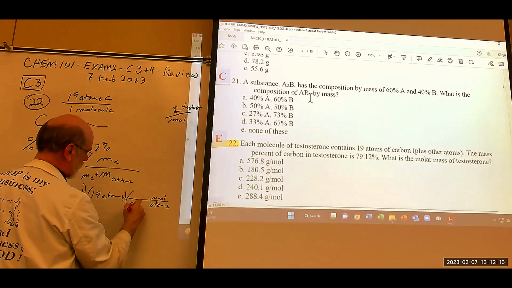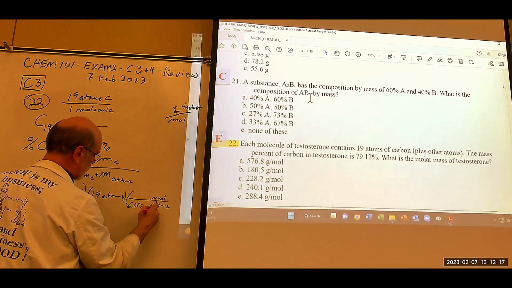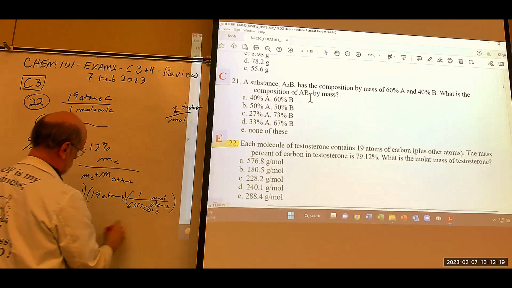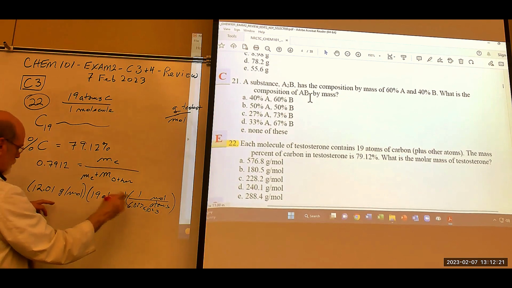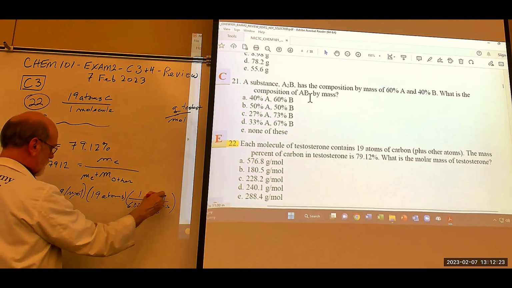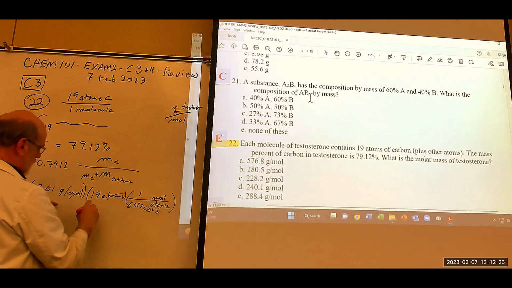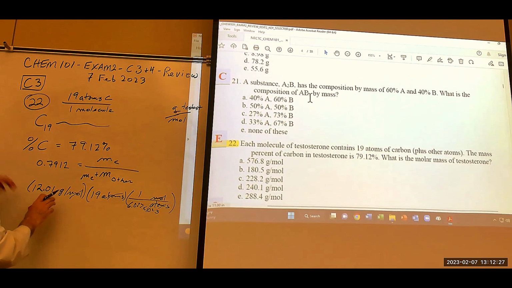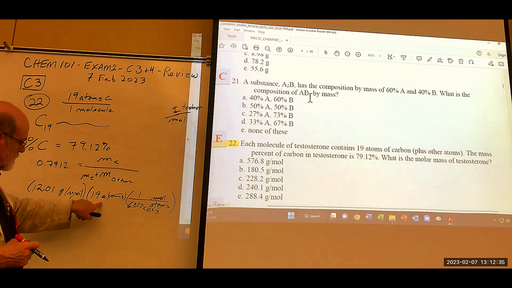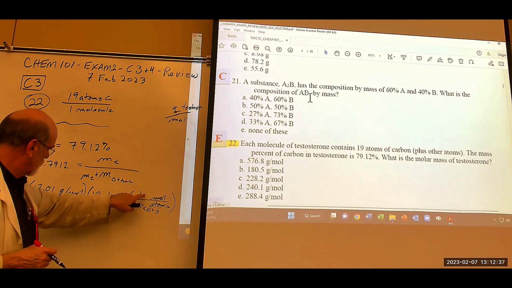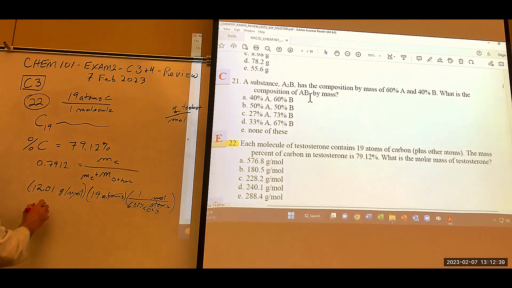So that's 6.022 times 10 to the 23rd. That gets rid of moles, gets rid of atoms, and leaves us with grams of carbon in that molecule, doesn't it? 19 atoms to moles to grams. So this is the number of grams in the molecule. Let's do that calculation.